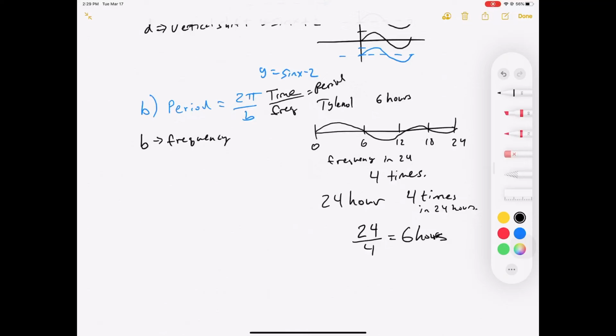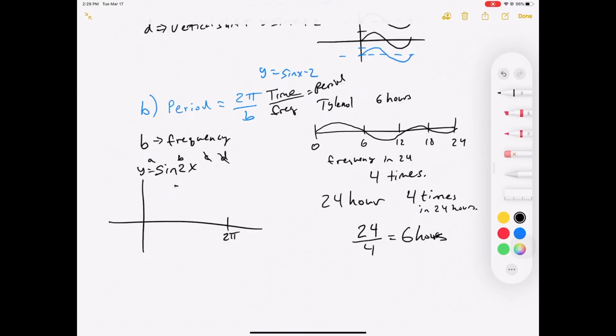Now, why don't we graph frequency? Why do we graph period? Well, here's the obvious reason why. If I told you this is 2 pi, and I said graph sine of 2x, this a, b, and then no c, and then no d.